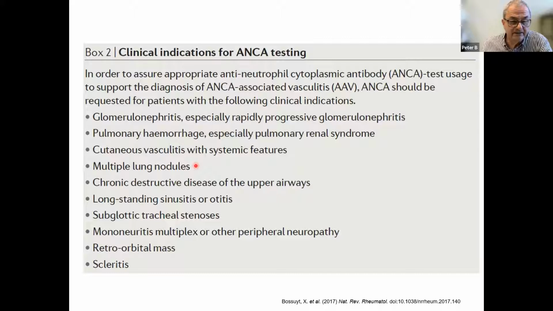Mononeuritis is another long-standing symptom, and retroorbital mass rarely, but it happens that the patient comes to the ophthalmology list, and also for long-standing scleritis.